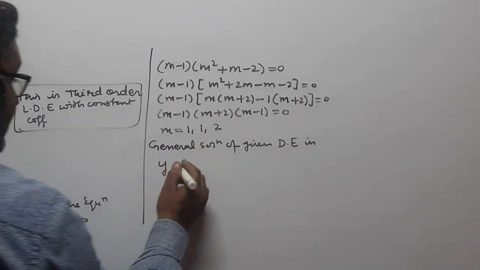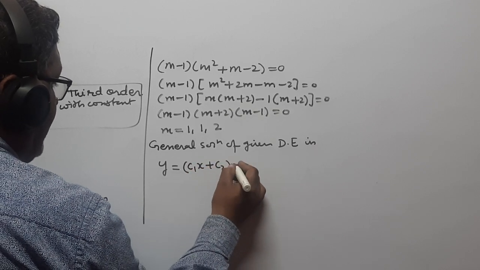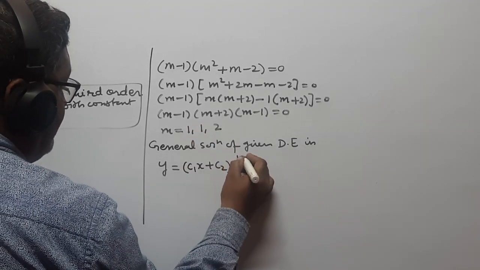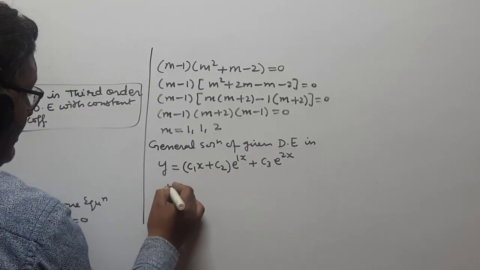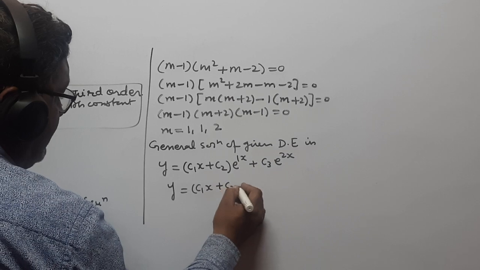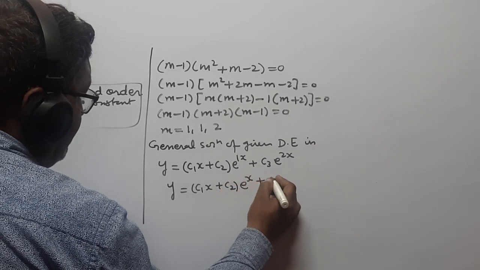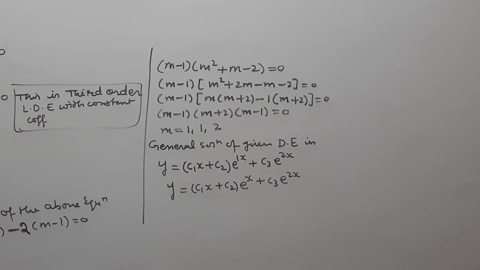So we write (c1 x plus c2) e to the power x plus c3 e to the power of the third root times x. You can see that in this example two roots, 1 and 1, are equal, so we write the general solution in this way.